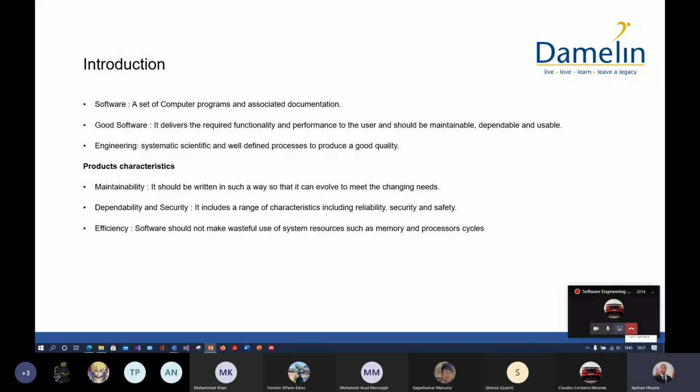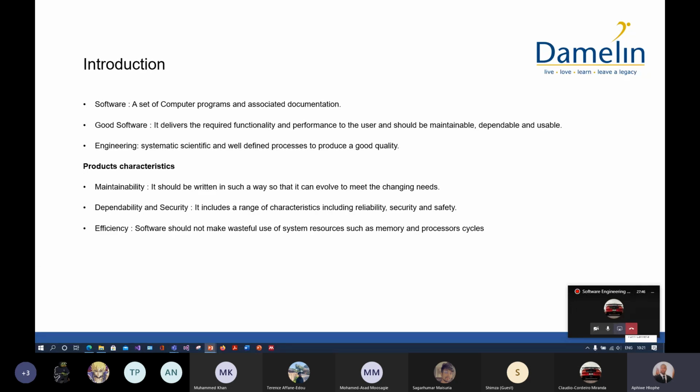What do you regard as good software? It delivers the required functionality and performance to the user and should be maintainable, dependable, and usable. So a lot of people tend to develop software, but it just doesn't meet the user's needs. Your software can look very good, but if the target users aren't satisfied with its functionality, then they're not going to use it.